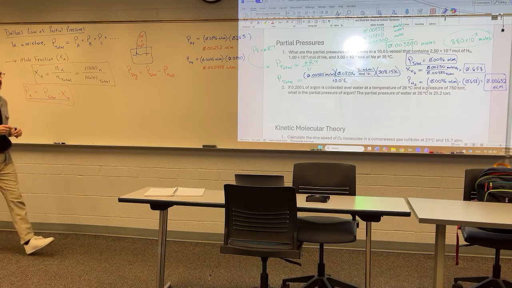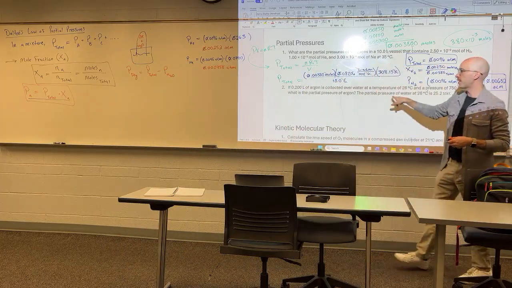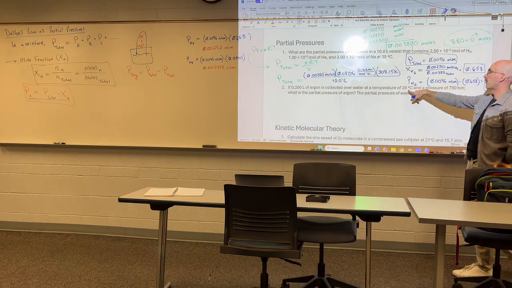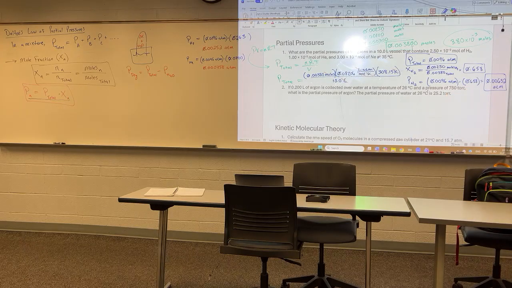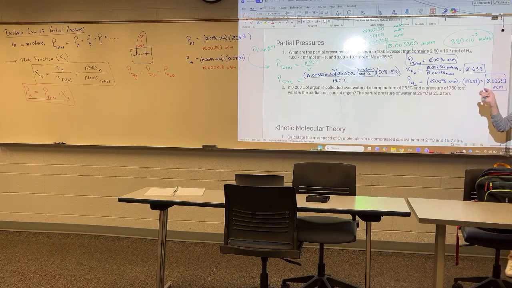So let's calculate for this one the pressure of just the argon gas that is collected over the water. What we're given is 2 liters of argon collected at a temperature of 26 degrees C and a pressure of 750 torr. What is the pressure of argon? And then it gives us the partial pressure of water at 26 degrees C is 25.2 torr.